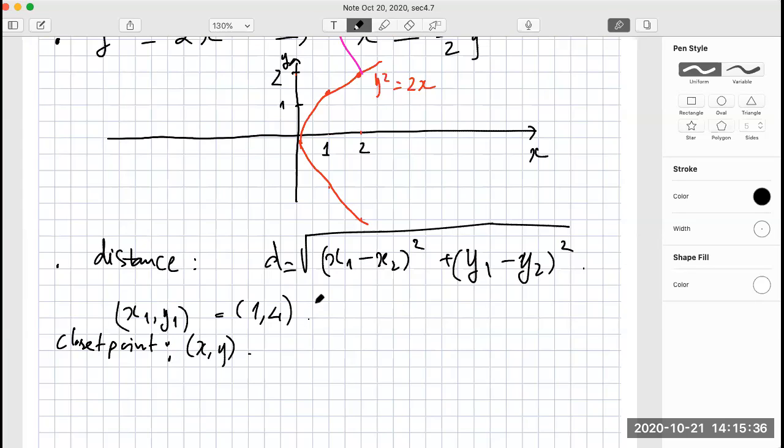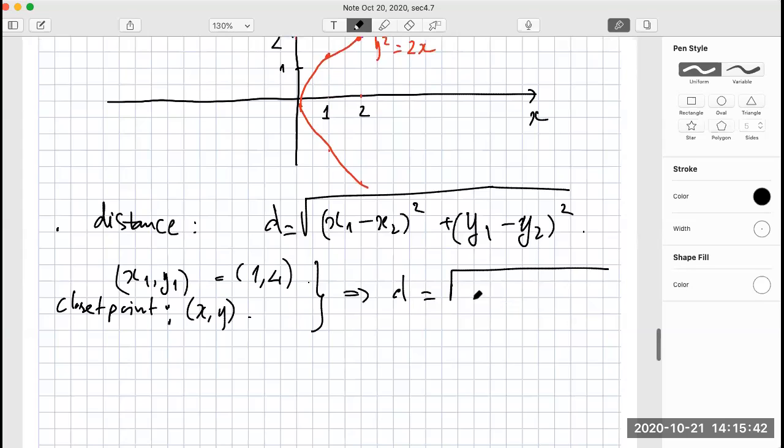Then the distance between these 2 points, what is it? We substitute here. We want to minimize the d, okay? But minimizing the d, we will need to do the derivative of this.